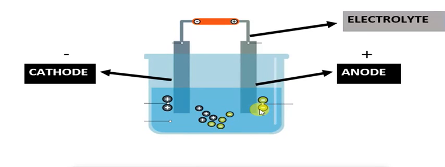The anode is connected to the positive terminal of the battery and the cathode is connected to the negative terminal of the battery. At the anode, oxidation occurs and these negative ions lose their extra electrons and are discharged and converted into their neutral elements. At the cathode, these positive ions gain electrons and are discharged, meaning that they are converted into their neutral element.